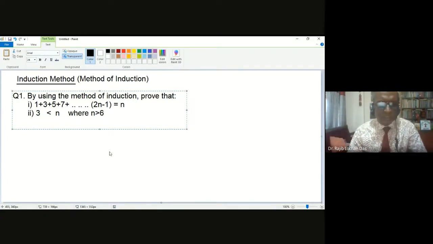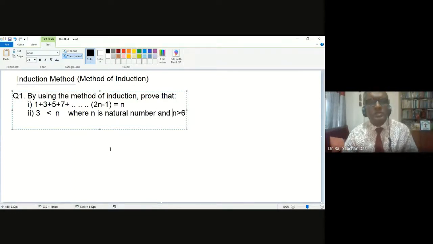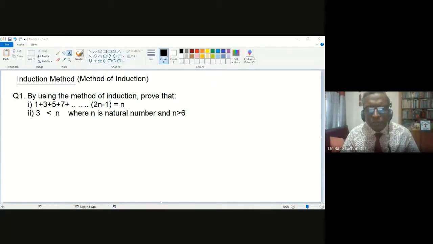N is a natural number and greater than 6. Okay, so not fraction. So this is the condition given.